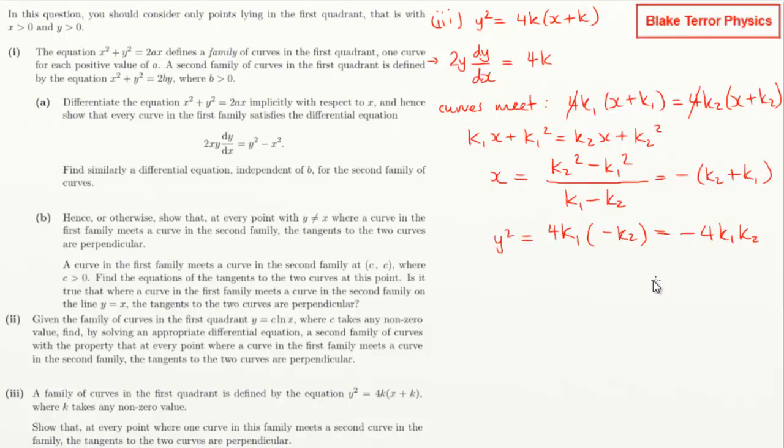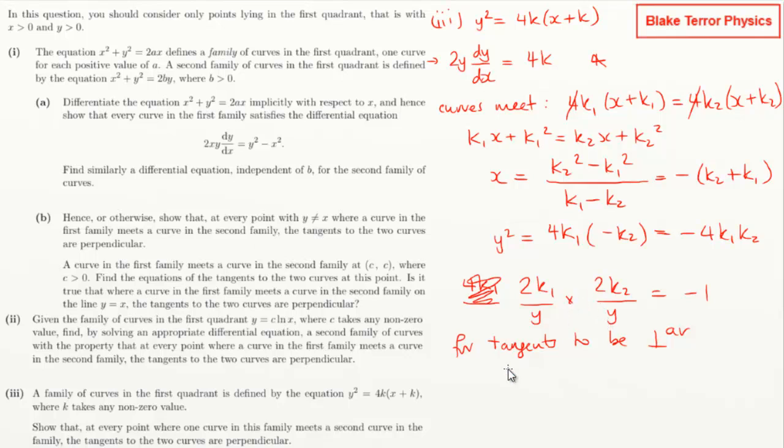So it's putting a certain constraint on the values of k that we can have here in order to get these intersections. And then I need to stick it into this second equation for the gradients. So I need to have that 2k1 divided by y multiplied by 2k2 divided by y has got to be equal to minus 1 for the tangents to be perpendicular.